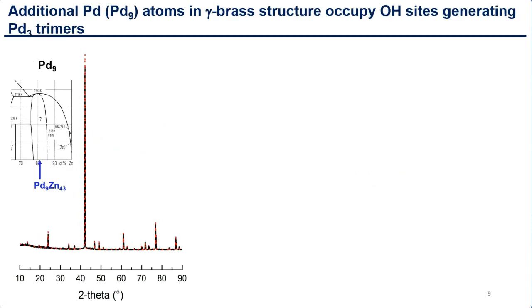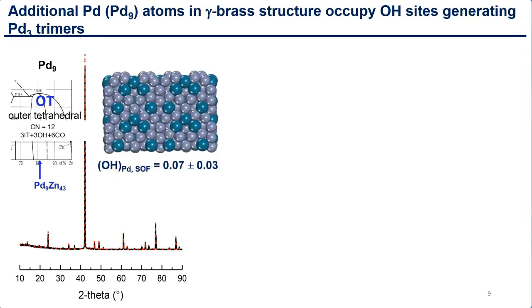Now, if we increase the composition to palladium-9 zinc-43, record the X-ray diffraction pattern, and do Rietveld refinement, what we find is that the additional palladium atom has 3 choices. It can either occupy an inner tetrahedral site, an octahedral site, or a cube octahedron site.